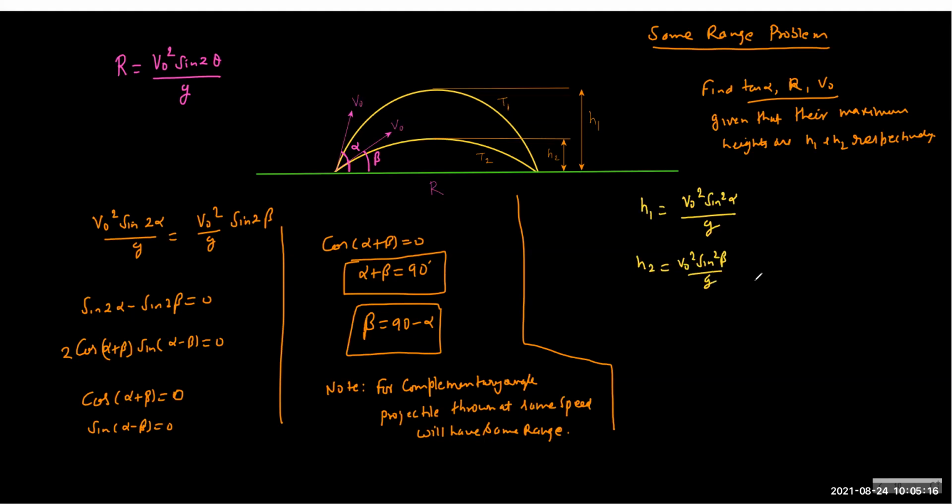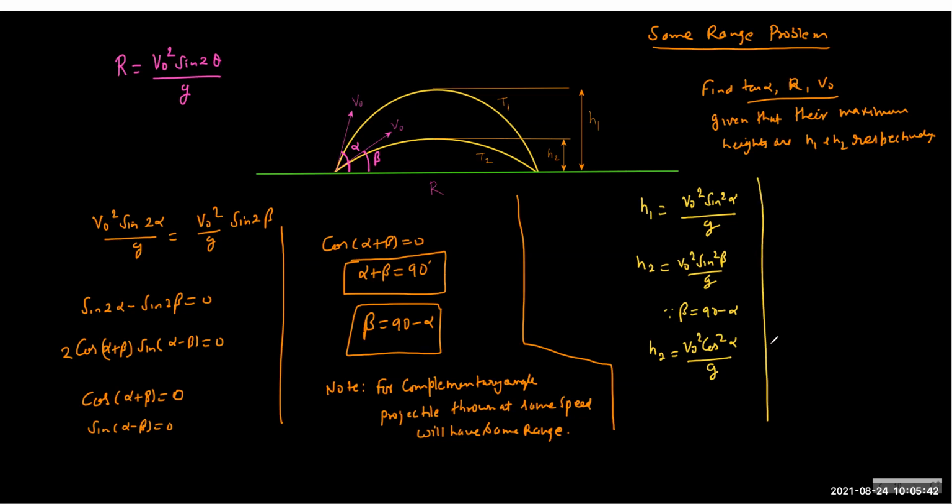Now, since beta is 90 minus alpha, H2 we can rewrite as V square sine square beta by 2g, which is V square cos square alpha by 2g, because sin of 90 minus theta becomes cos theta.